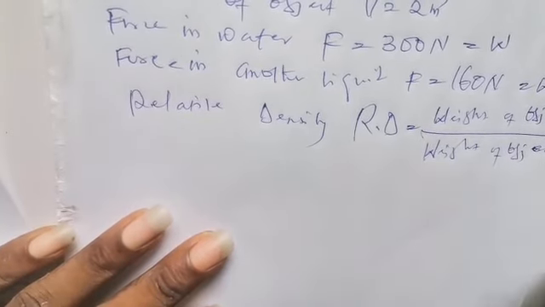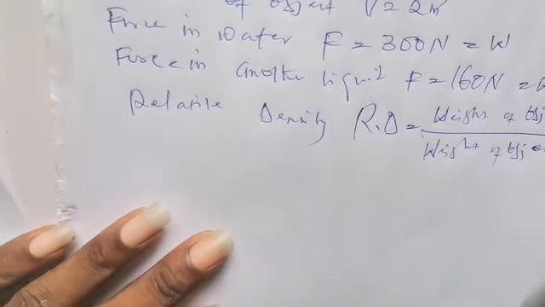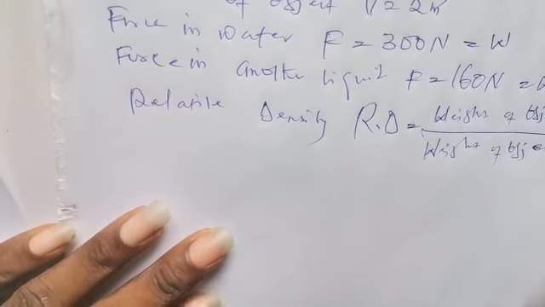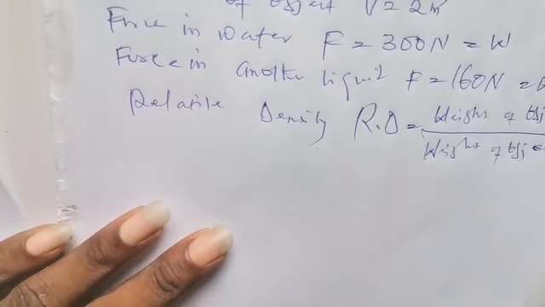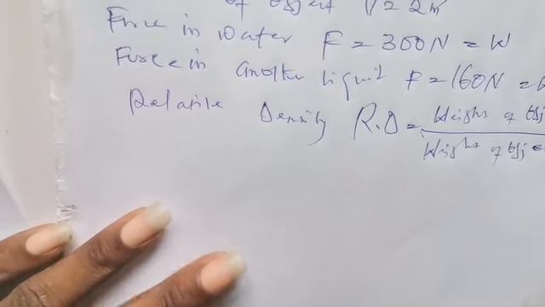Relative density is the same thing as specific gravity. It always compares the density of any object in a different liquid to the density of water, or it can compare the weight of the object in another liquid to the weight of water.